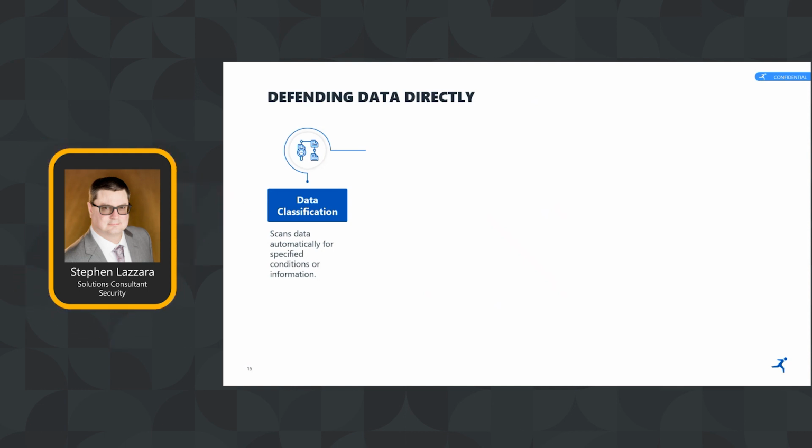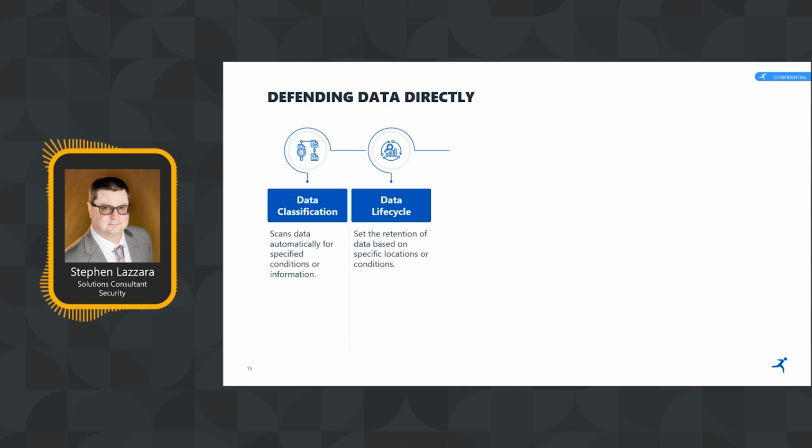And it will lock down and attach a label to it. It also sets the data retention, so ensuring that only valid, non-stale, usable, and needed data is maintained. And that data lifecycle is set on all the data within your company.